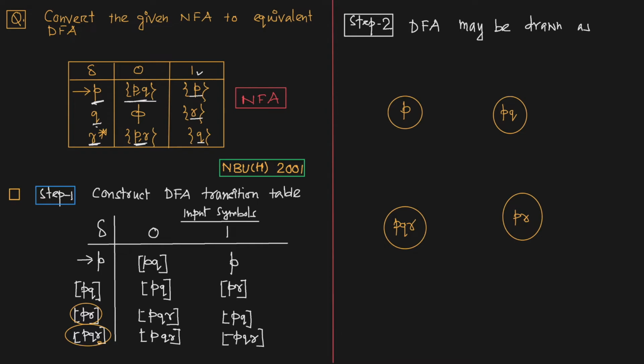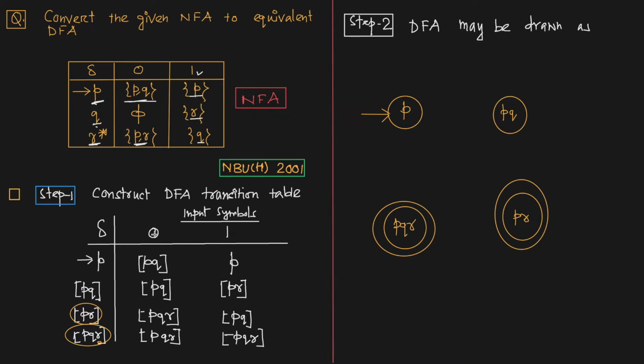P is the initial state, and PR and PQR are the final states. Final states I will define with a double circle.